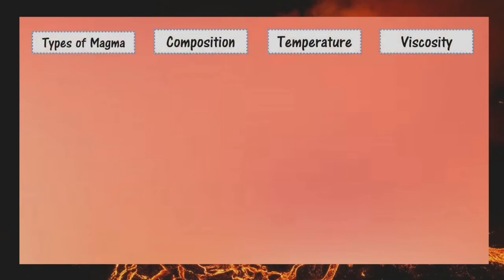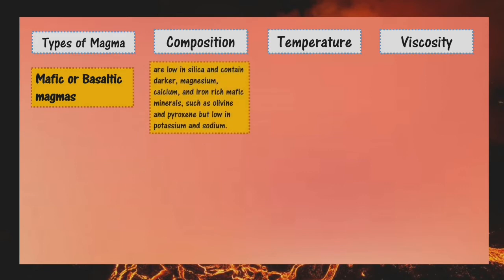So we have three types of magma. These types are described according to their composition, temperature, and viscosity. The first one is mafic or basaltic magmas. These are low in silica and contain darker magnesium, calcium, and iron-rich mafic minerals such as olivine and pyroxene, but low in potassium and sodium.